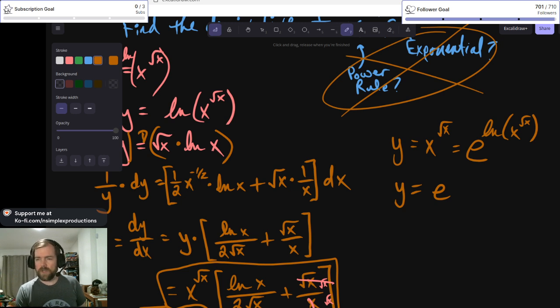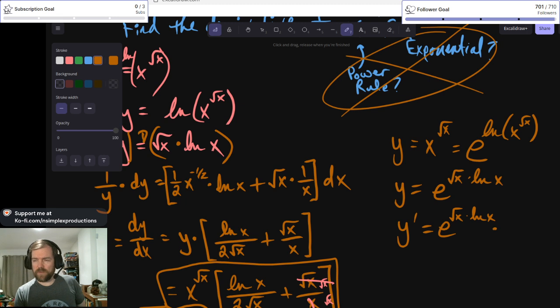So this is going to be y equals e raised to the, again, root x comes down times natural log of x. If we take the derivative of both sides, e raised to all that is just going to remain itself when we take its derivative.